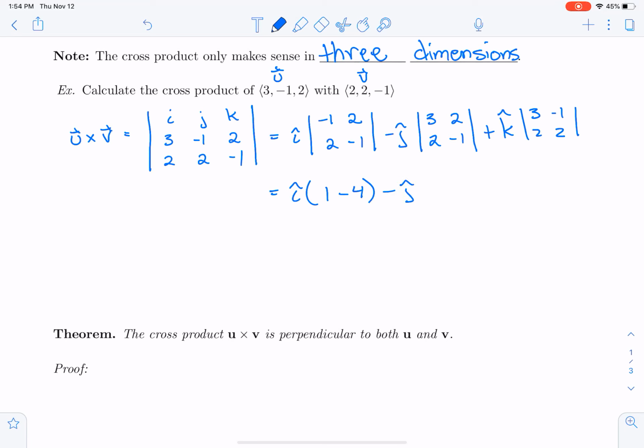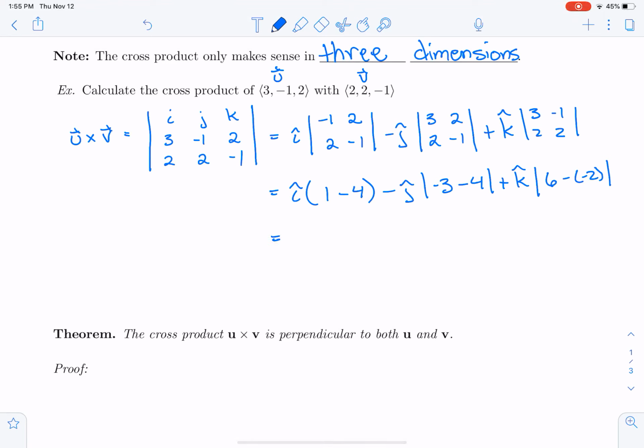Minus j times 3 times negative 1, which is negative 3, minus 2 times 2, so minus 4. And then plus k, and that's going to be 3 times 2, which is 6, minus negative 1 times 2.